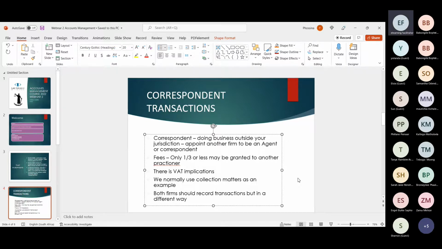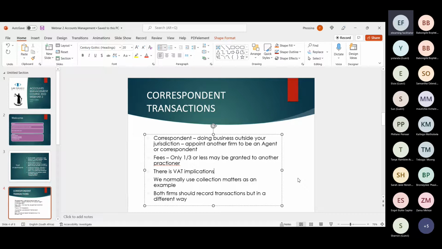Okay, so when it comes back to us as accountants, we have to account for these transactions in a normal way. Normally there are rules set by the law societies or the legal practice councils around how fees are charged.